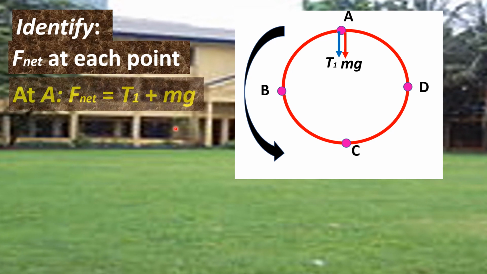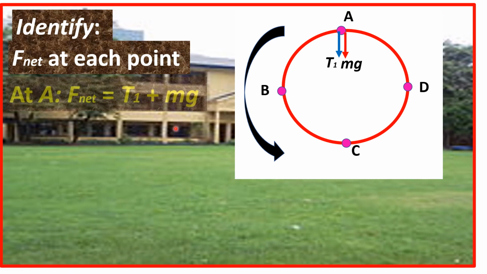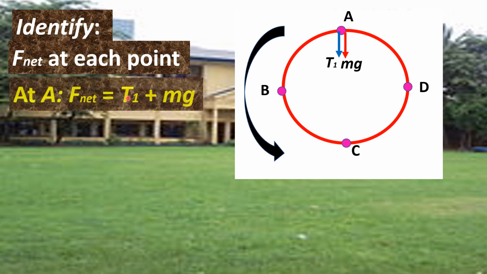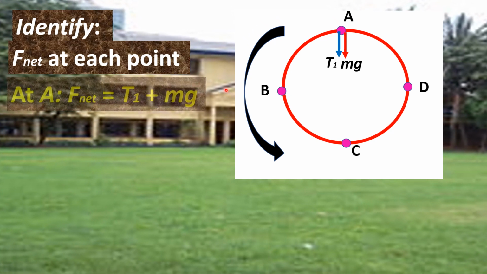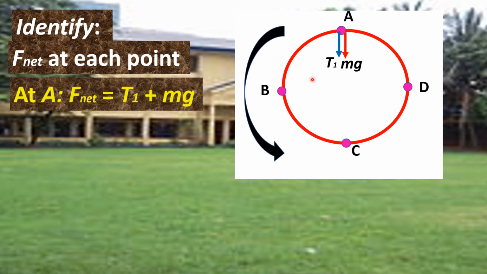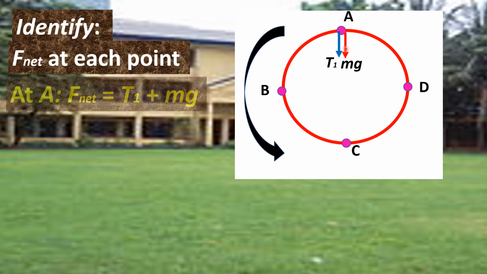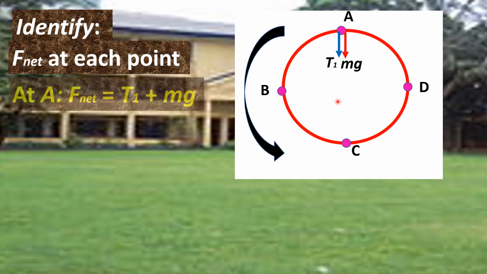So at that point, the tension force exerted by the string, we label it as T sub 1, plus the downward pull of gravity constitute the net force, because they are both directed downwards relative to the ground.